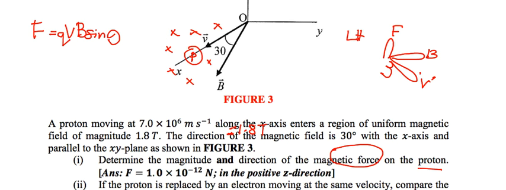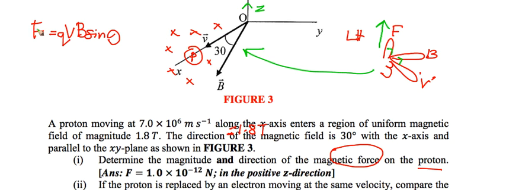The force is always at 90 degrees to both B and V. Using the left hand, the direction of the force is upward, or the Z direction.